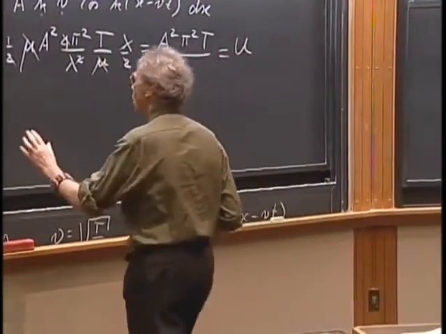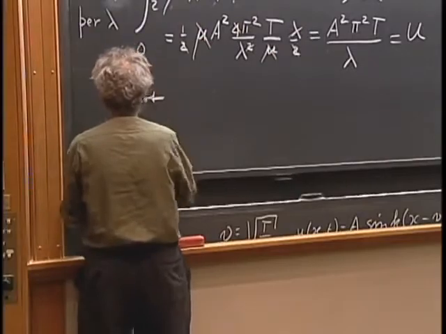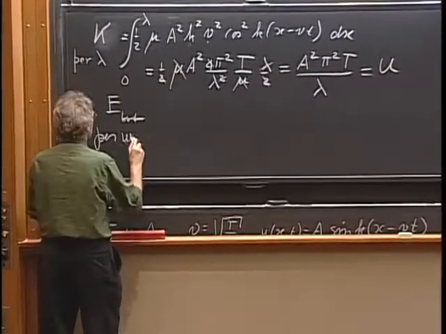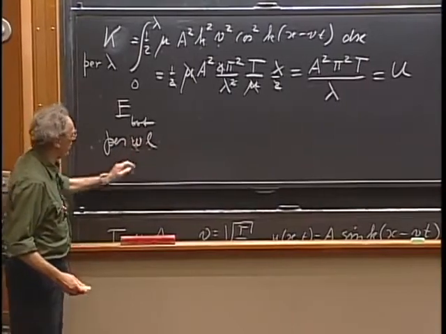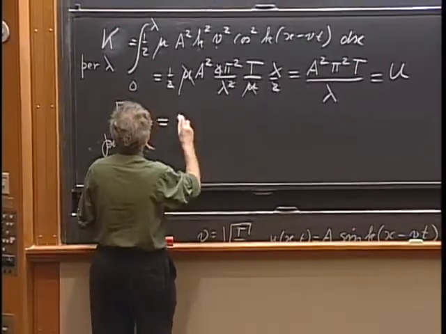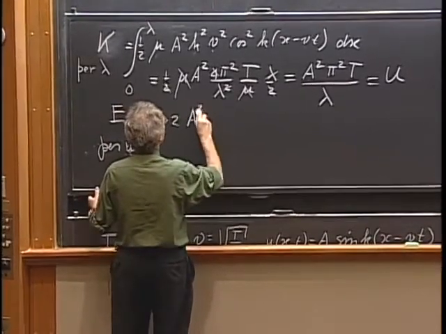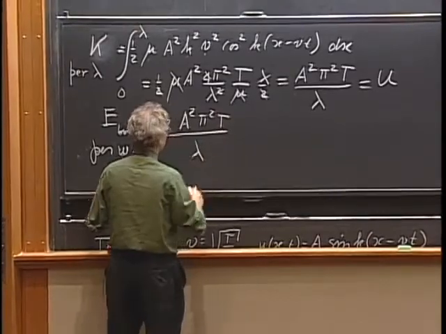So that means that the total energy per wavelength, so now I write down E total, again per wavelength, WL stands for wavelength, not for Walter Lewin, but for wavelength. The total energy per wavelength is now twice that, so it's 2A squared times pi squared T divided by lambda.